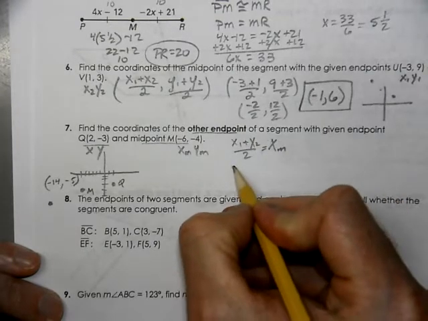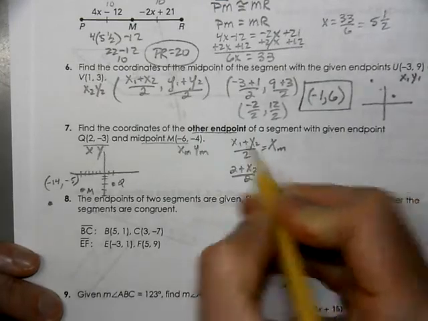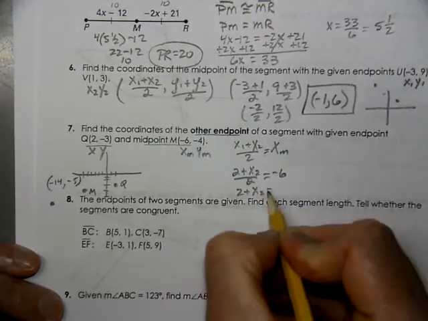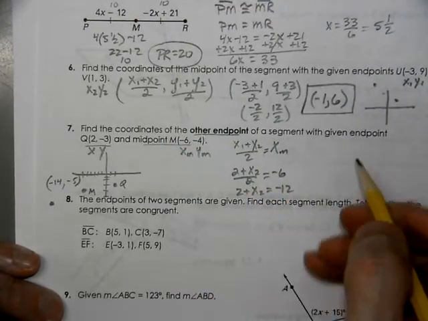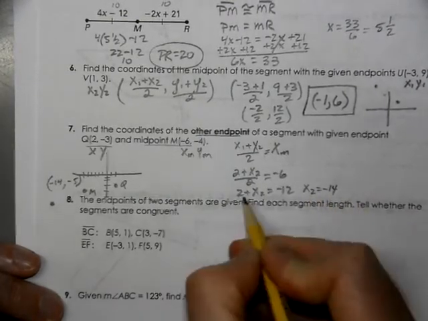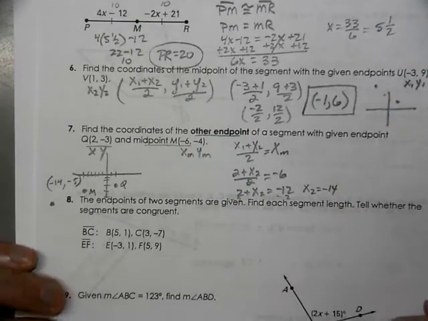So we know that we have 2 plus x2 over 2 equals negative 6. 2 plus x2 is going to equal negative 12 when we multiply by the denominator. So that's going to give us x2 to equal negative 14. Subtract 2 gives you negative 14.